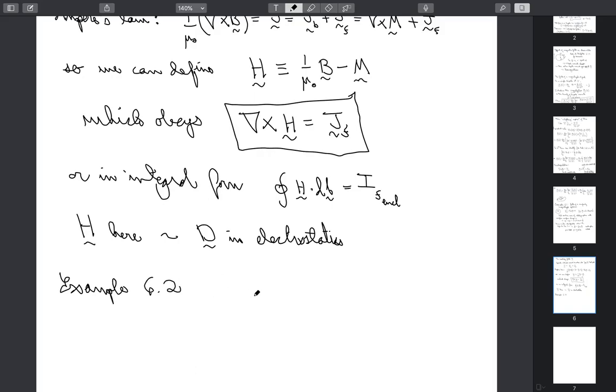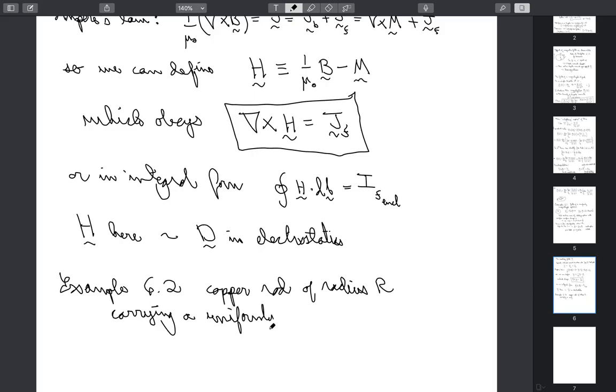And the idea here is that you have a copper rod of radius r, carrying a uniformly distributed current I inside its volume.